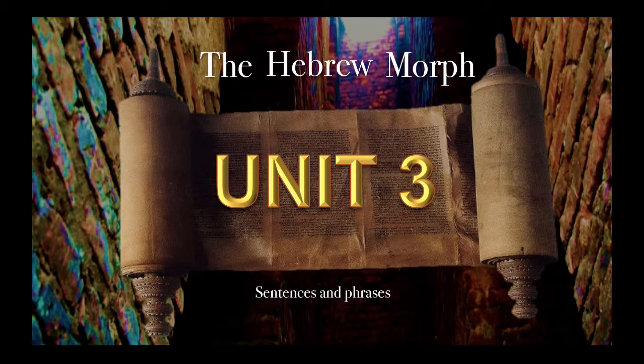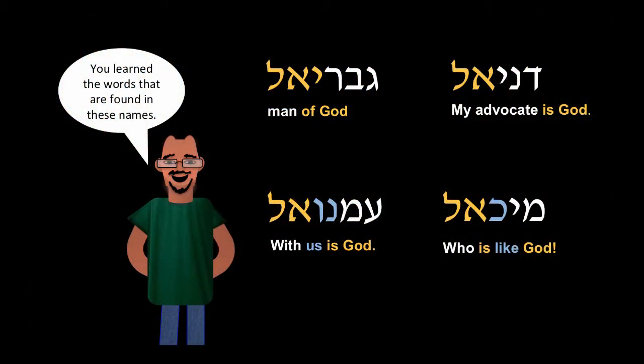And then we got to Unit 3, and it got a lot more complicated because now we were dealing with sentences and phrases. And you learned that words are found in these names. So just by knowing the name of Daniel, you know basically how to say, my advocate is God, or my judge is God.